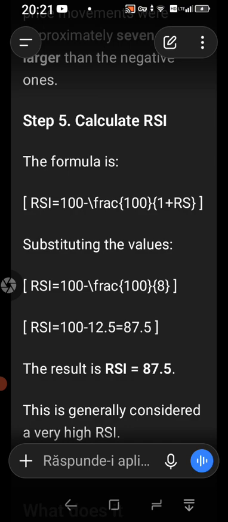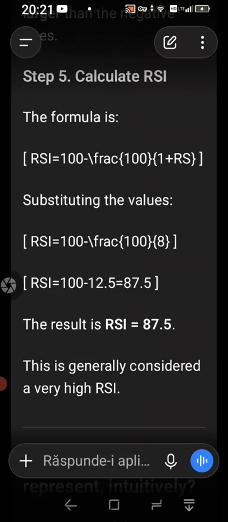Step 5. Calculate RSI. The formula is RSI equals 100 minus the fraction 100 divided by 1 plus the relative strength.